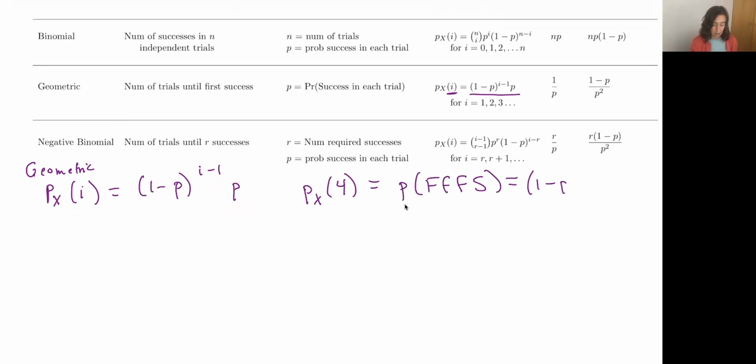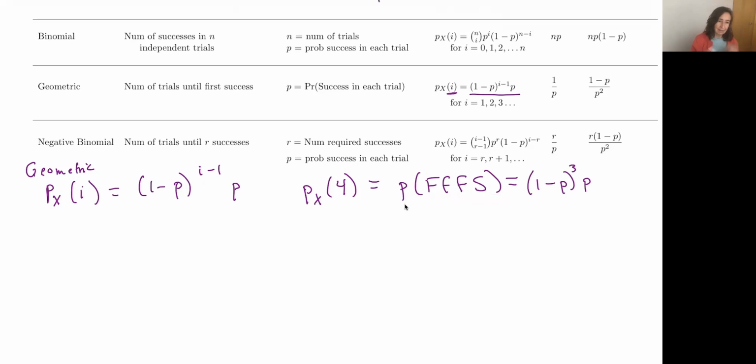Each of these fails happens with probability 1 minus p, and there's 3 of them, so that's 1 minus p to the third power, times the probability of the success, p. So really not much more to say about that.